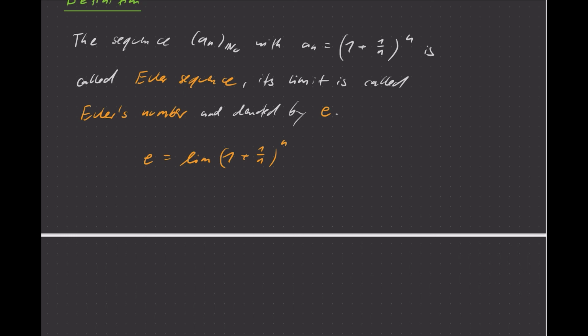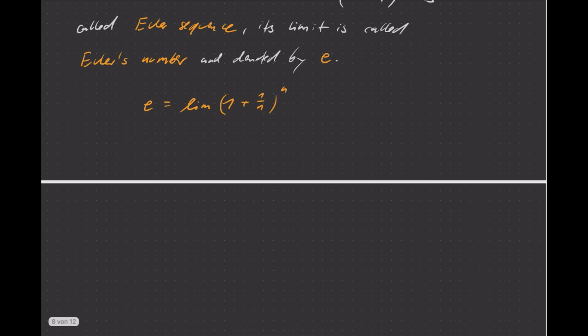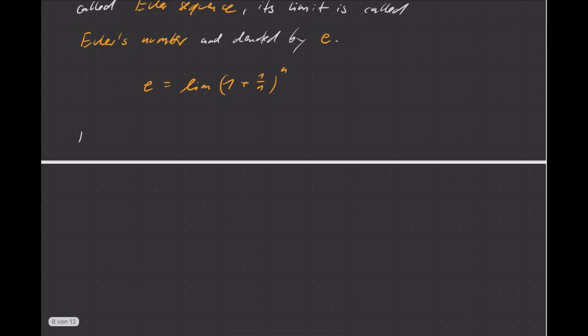Furthermore, we can define a function that uses that limit. That will be called the exponential function. So the function, we'll call that exp. It's defined on the real numbers. As I said, we can prove all this for the reals as well.